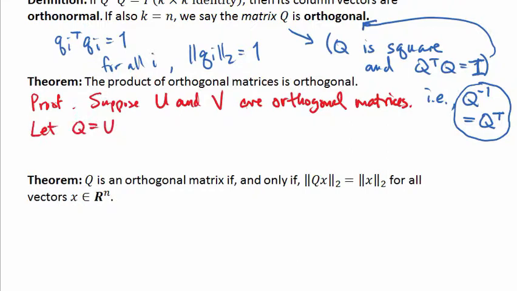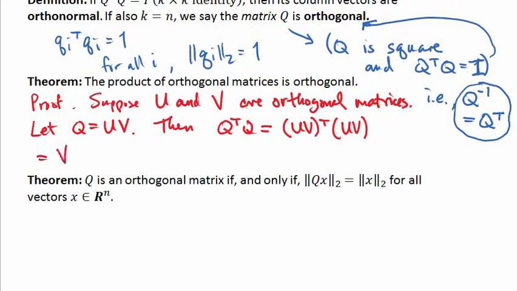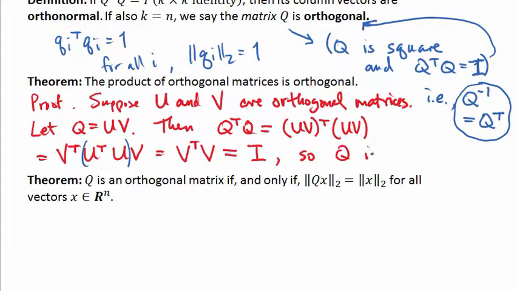Let Q equal UV, then Q transpose Q is (UV) transpose UV, which is V transpose U transpose times UV, which we can then reassociate using the fact that U is orthogonal, and then using the fact that V is orthogonal. That proves that Q transpose Q is the identity, so Q is orthogonal.